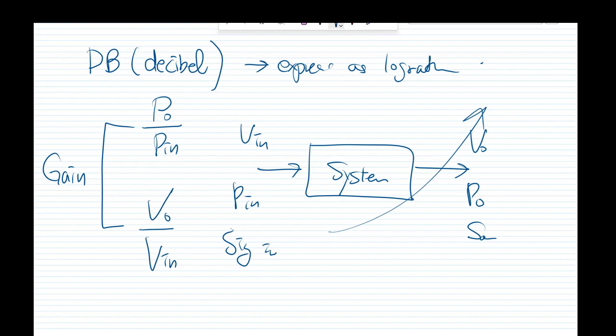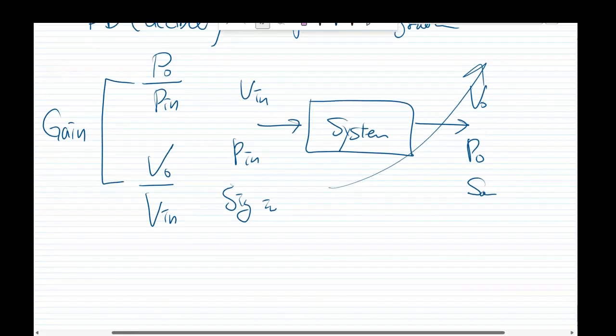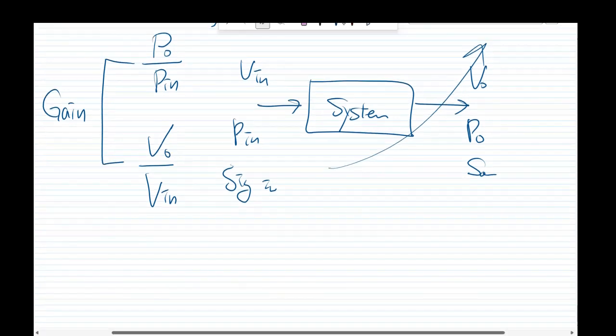So now the gain in terms of the power and voltage. Hey professor, why do we have to do this? It's very important for the future. Now we can express the gain for the power and the gain for the voltage by using the logarithm. Keep watching.